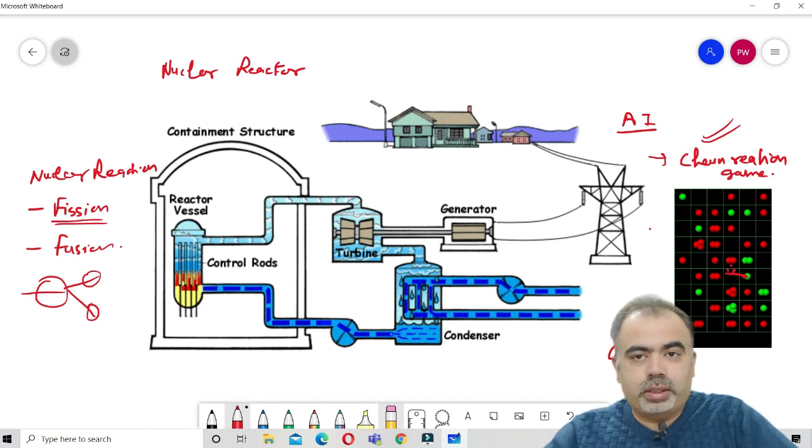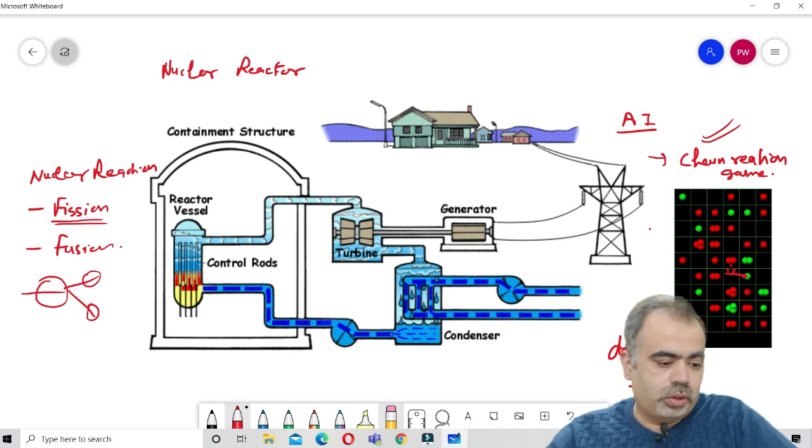We can use the same data for making a more optimized data set for controlling these rods and making the heat generation quite efficient. Otherwise, controlling these rods is a very tedious task, and it requires a lot of intelligence and a lot of hard physical labor. One person would definitely be deployed to control the complex controlling rods.